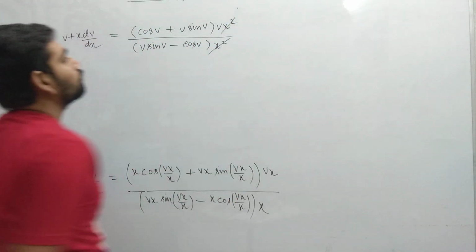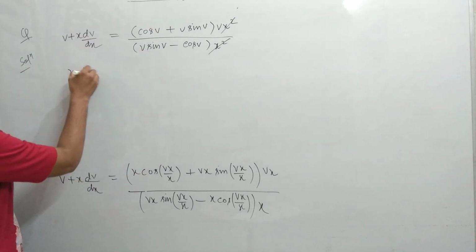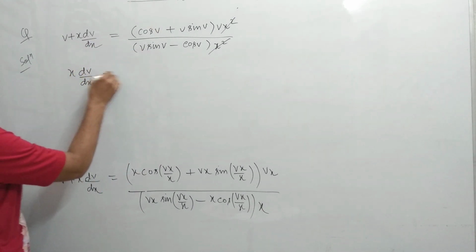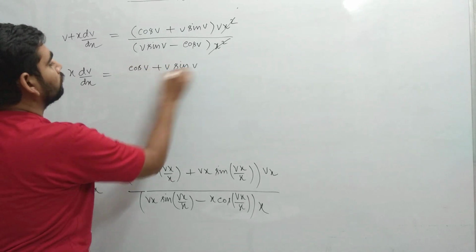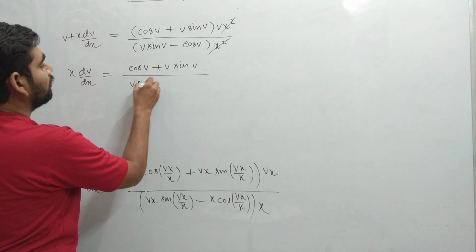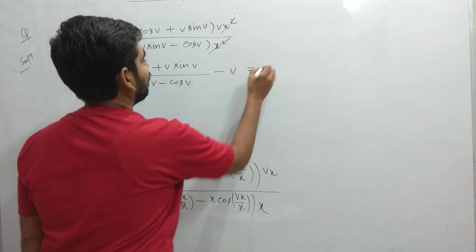X square will cancel out and we will take v to the right hand side. It will become x dv by dx equals cos v plus v sin v divided by v sin v minus cos v, minus v.